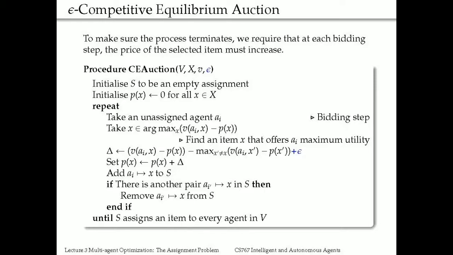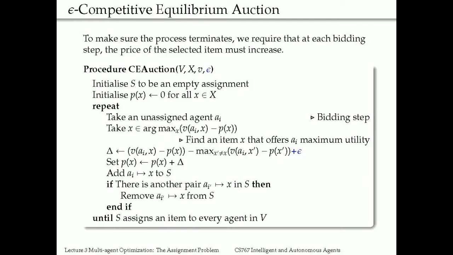So whenever we have an agent making a bid on a particular item, it calculates the same price increment. Of course, it may become zero, but what we do is we just manually add epsilon to the price increment, so that whenever we have a bidding for an item, we make sure that the price of this item is at least epsilon higher than the previous round. Right? All the other steps of the auction do not change.